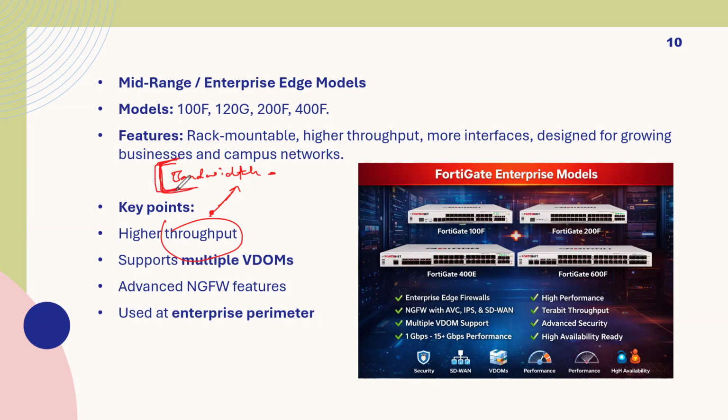So we can say how much data can be transferred on a particular link is called bandwidth. That is the maximum. Throughput is the actual transmission rate. Bandwidth is the maximum amount, whereas throughput is the actual amount. Like you have a car and you say my maximum speed is 200. Are you driving at 200? No, you're driving at 80. So 80 is the throughput, and 200 is the maximum bandwidth. Okay, this is the meaning.